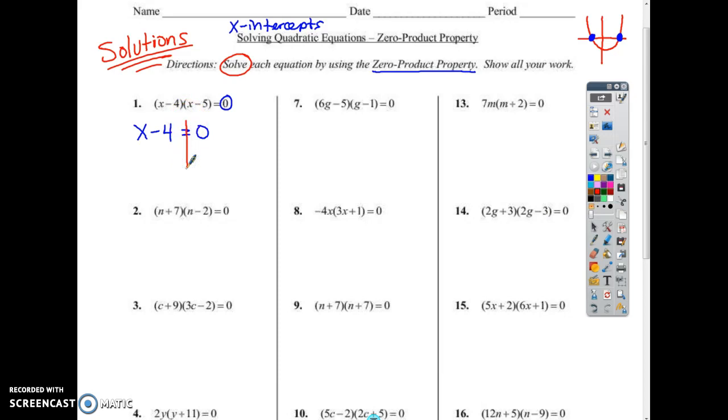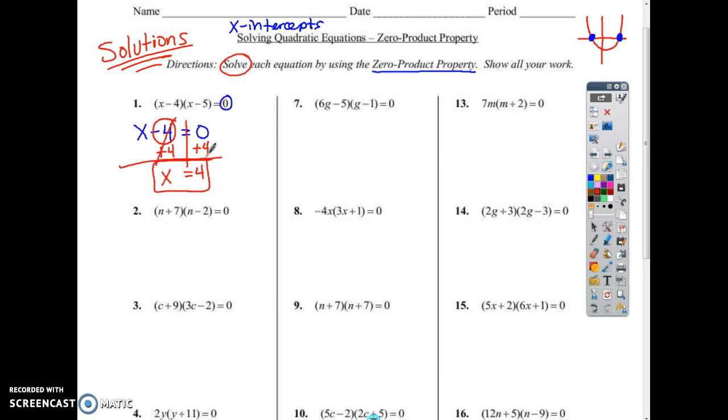How do I solve for x? What do I need to move? The negative 4. How do I get rid of the negative 4? Add 4. This cancels, and now 0 plus 4 is 4. X equals 4.